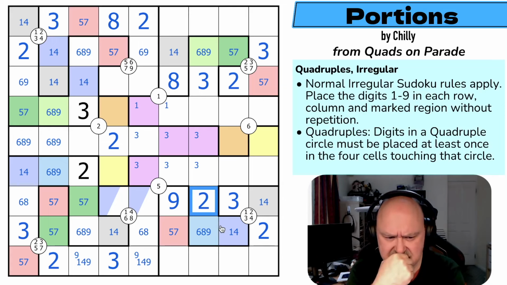Where's 2 in this row? I can't put it in any of those. I can't put it there. So it's in here in this region. It can't go there, it can't go there, it can't go there. This is a 1, 2 pair.